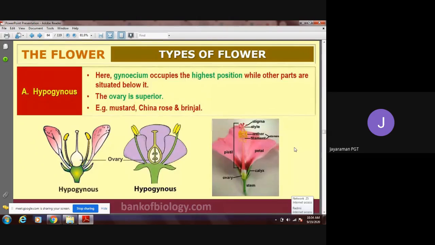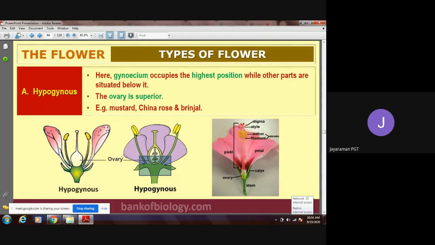Okay, so in detail, in this one the gynoecium occupies the highest position while other parts are situated below it. Other parts of the flower are below it. That is known as a hypogynous flower. Other parts start below the ovary. So in this flower, the ovary is on top, looking at the position of the origin from the thalamus.